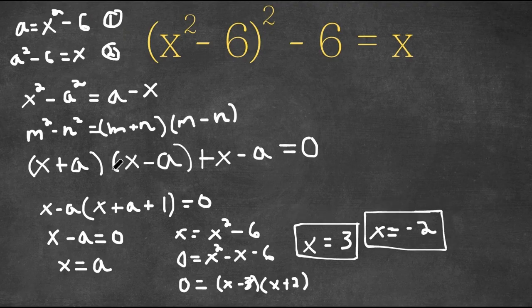However, there is still another equation. We still have x plus a plus 1 equals 0. So if x plus a plus 1 is equal to 0, that means that x is equal to, I'm going to move everything to the right-hand side, negative a minus 1.